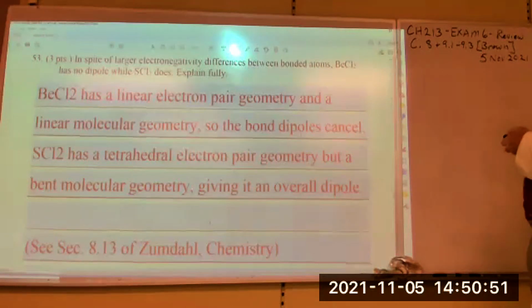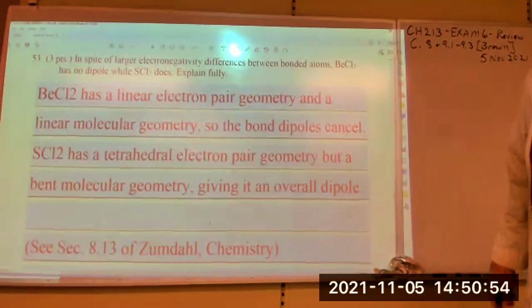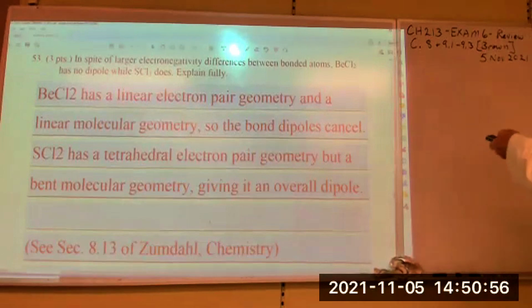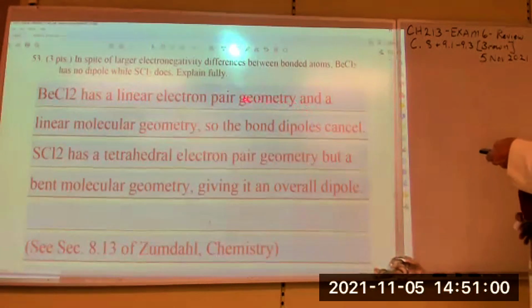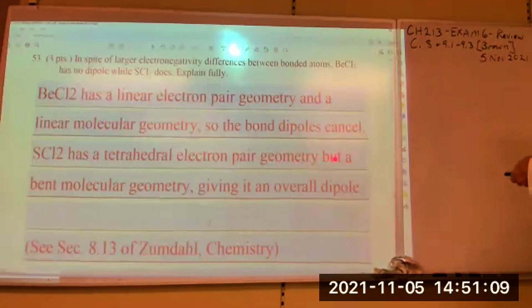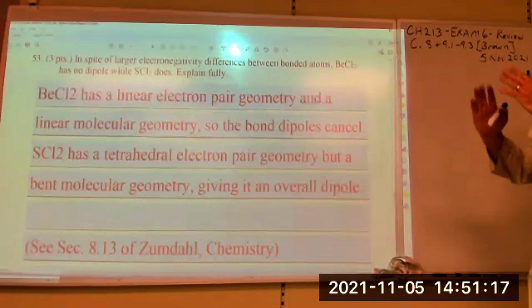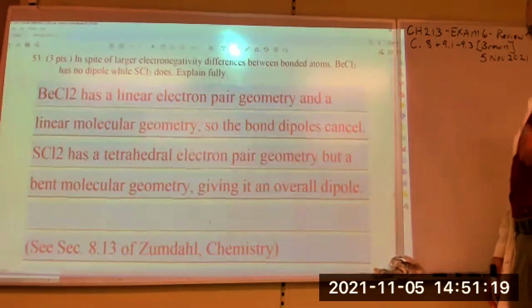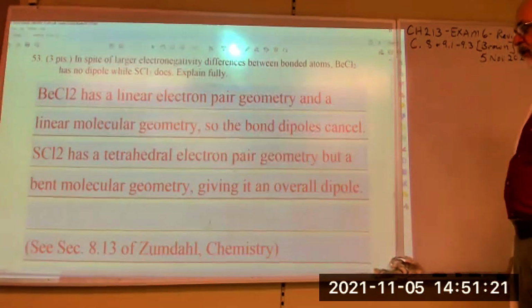So the geometry of beryllium chloride is linear, which means the dipoles cancel out. And the SCl2 has a tetrahedral electron geometry. And when you look at the molecular geometry based on that, the molecular geometry is bent. So the vector addition there gives you a dipole.